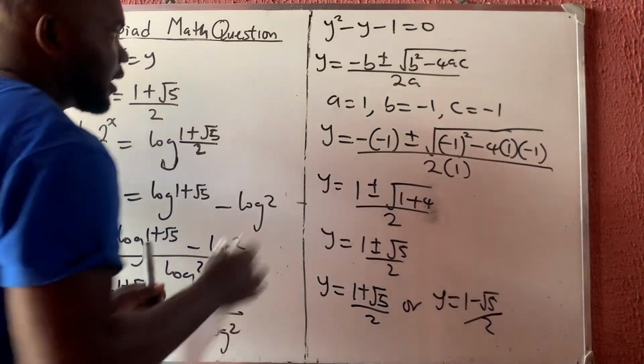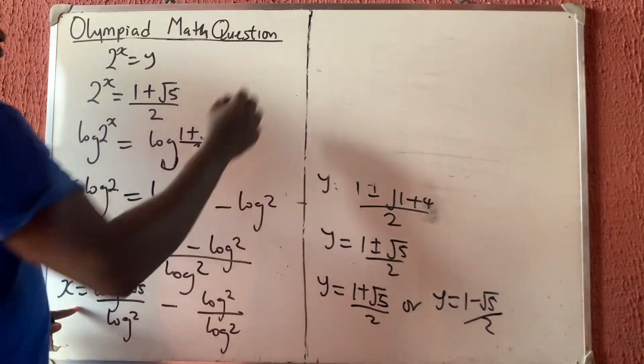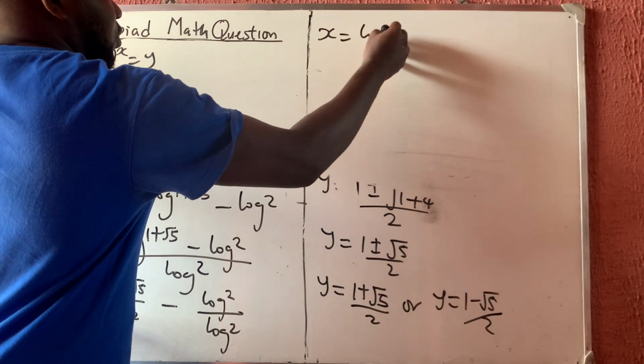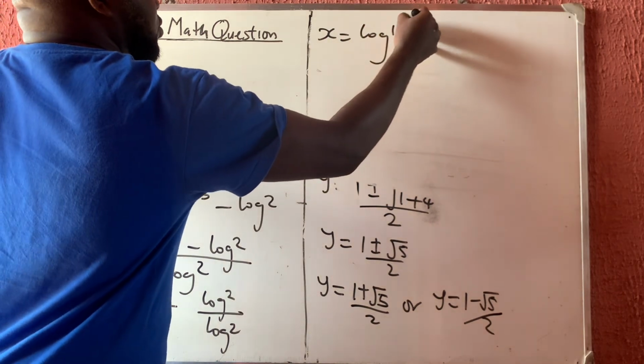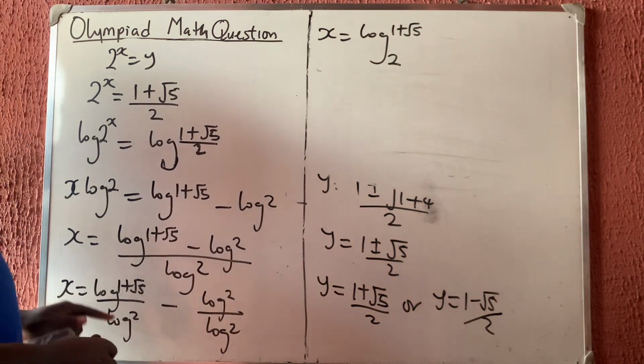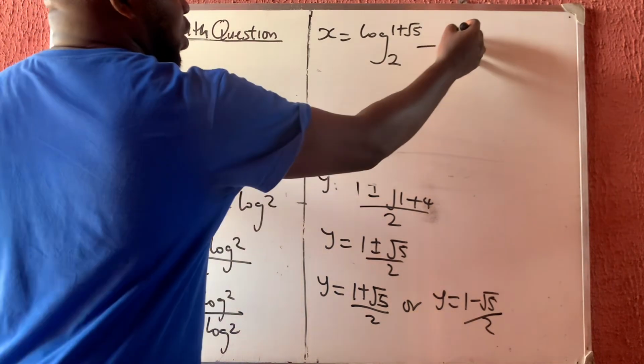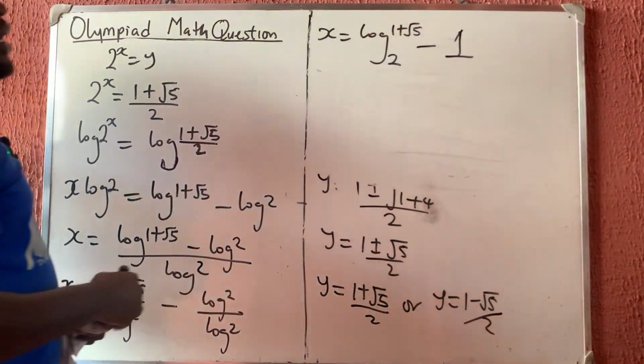Finally, x is equal to log of 1 plus root 5 base 2, according to the law of logarithm, then minus 1, because when something divides itself, it is 1.